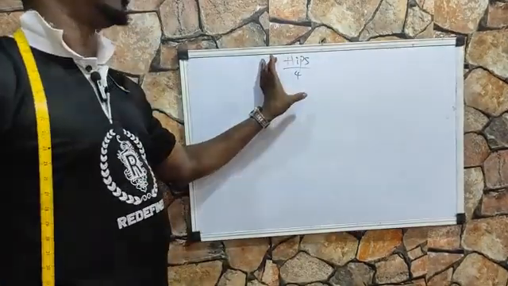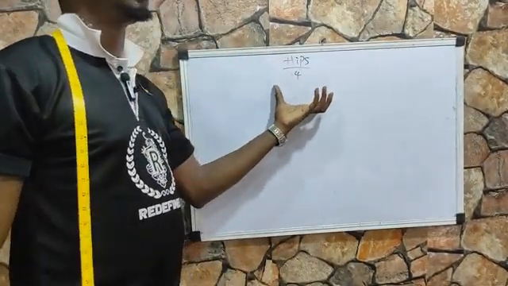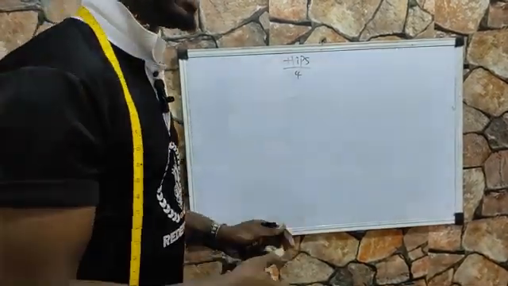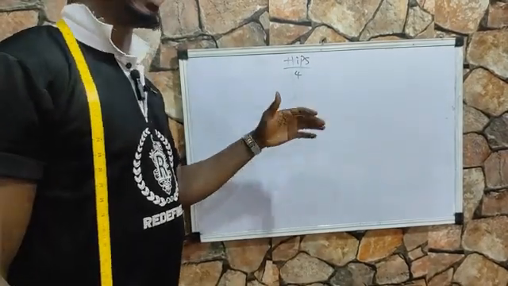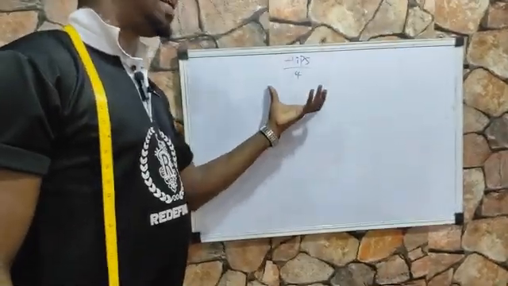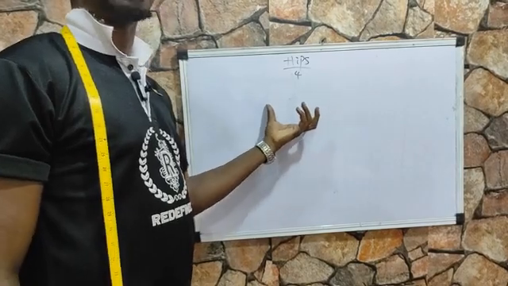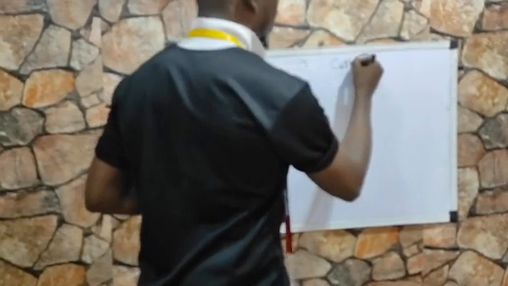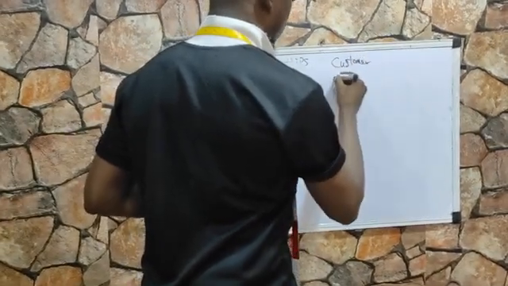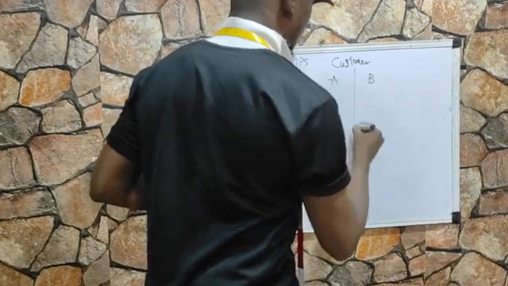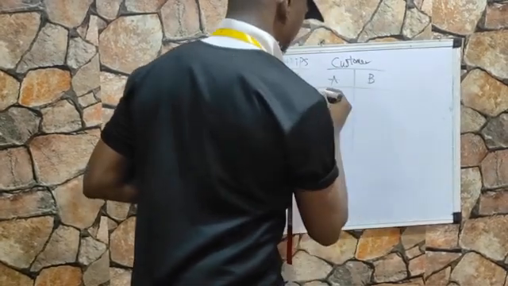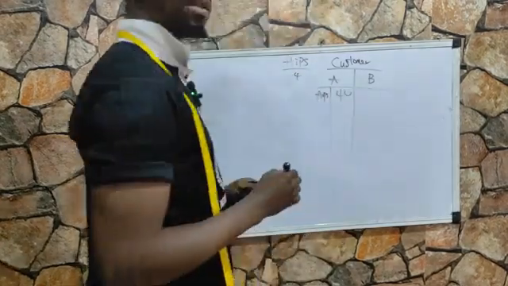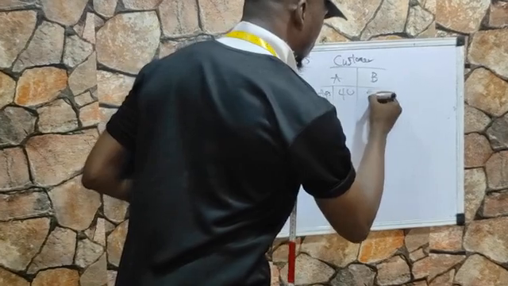But then, with this formula, I still have some concerns which I normally address before I proceed. If the person's length is not up to 39 and above, I don't use the person's total hip answer I got. What am I trying to say? I have a customer A and customer B. Let's assume that the hips of customer A is 40, and the hips of customer B is still 40.